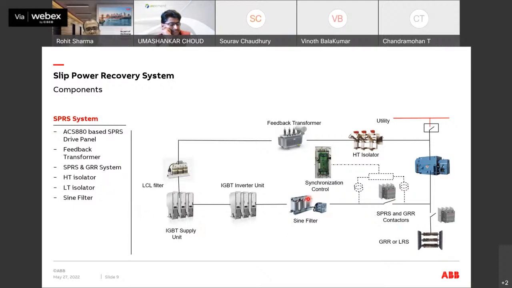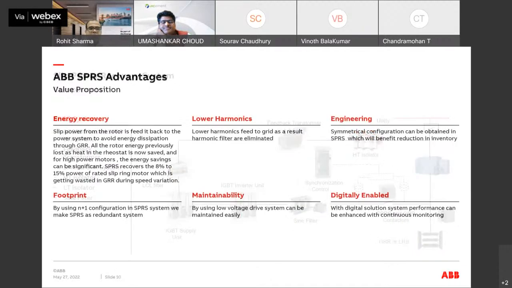Here the sine filter which we are utilizing reduces the stray capacitance of the system and gives a much smoother sine wave to the system. So what value proposition are we conveying to the customers, to users like you? The slip power recovery system recovers the heat power which is wasted in the GRR, 8 to 15% with respect to the operating condition of the system.